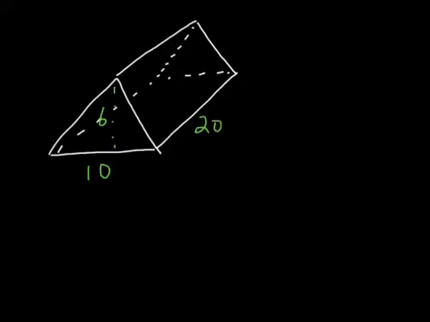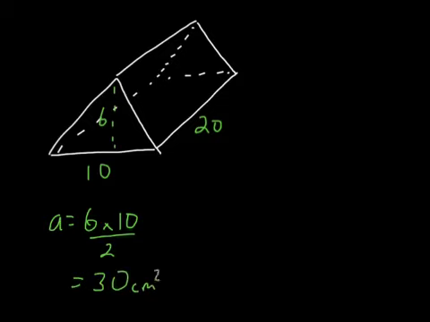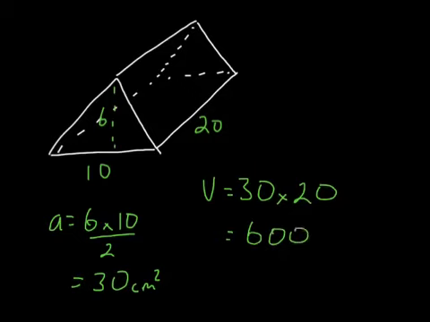The surface area of the face is 6 times 10 divided by 2, and that equals 30. And then the volume will be 30 times 20, and that equals 600 centimeters cubed.